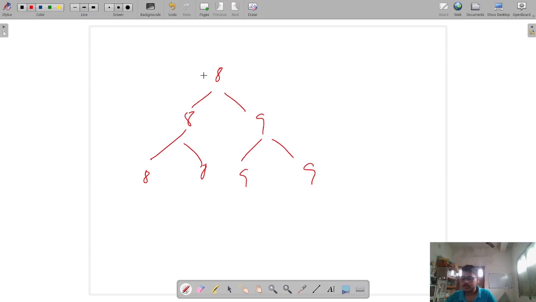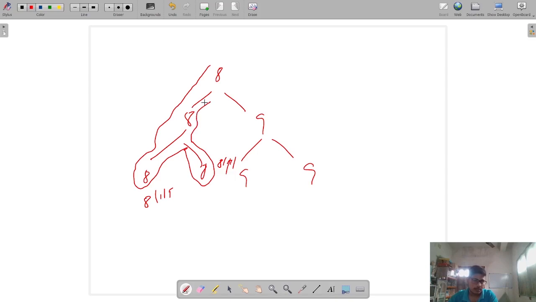So let's see this example. Okay, so we'll traverse like this. We will return 8 1 true here, we will return 8 1 true here, so we will return from here.